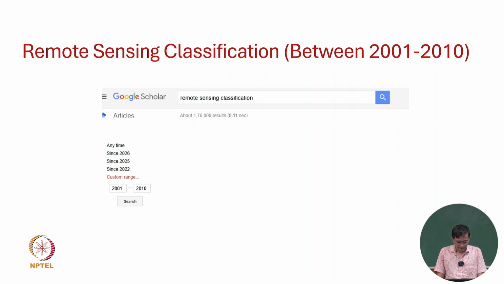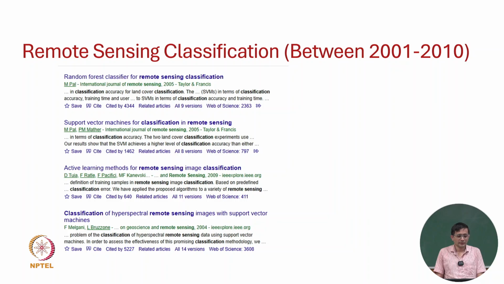And let us have a look at some of the top papers that are shown to us. The first paper is talking about the random forest classifier.